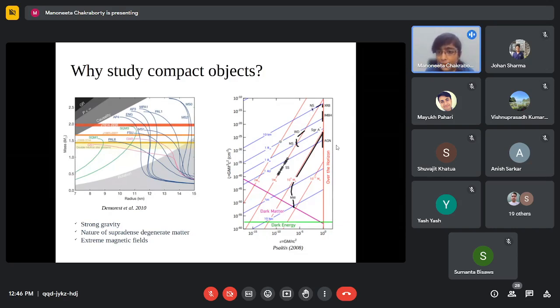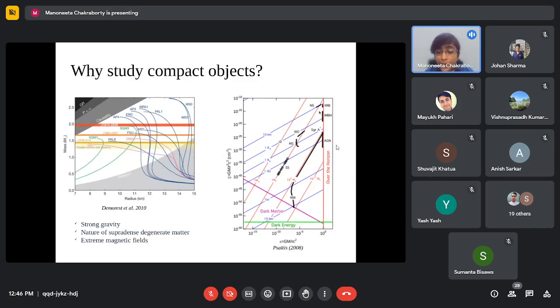And you can see that the neutron stars and XRBs, the normal black holes that I talked about, are in a region where you see the most dominant curvature for similar gravitational potential.